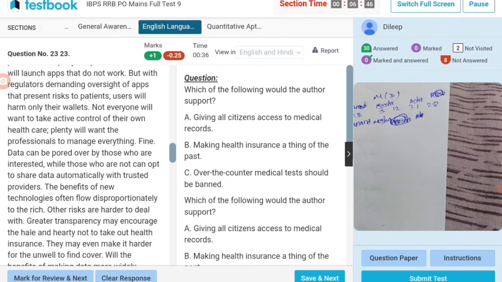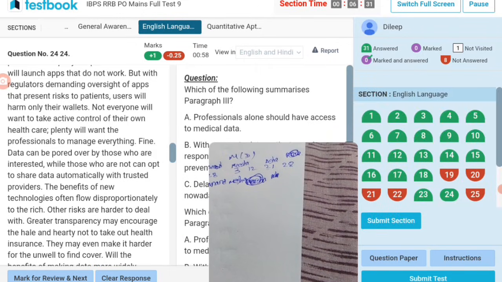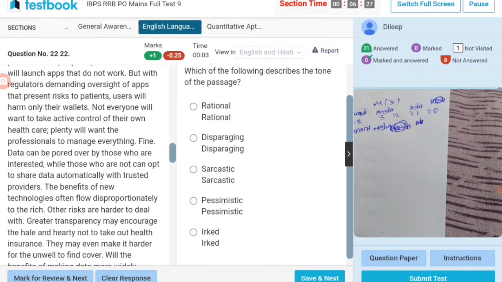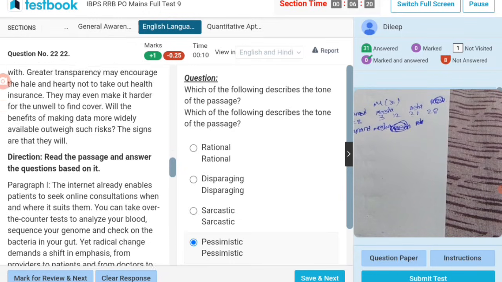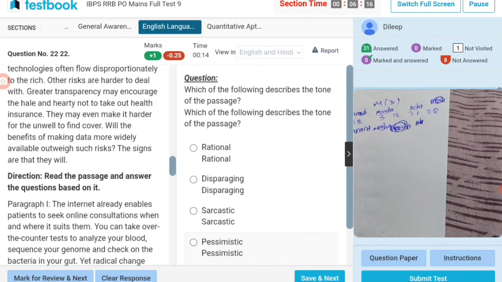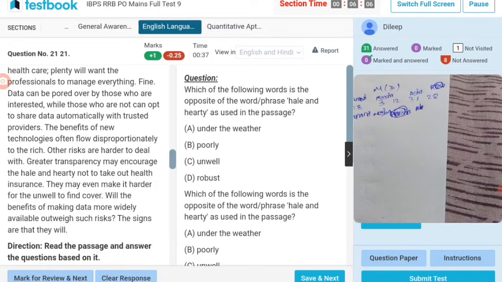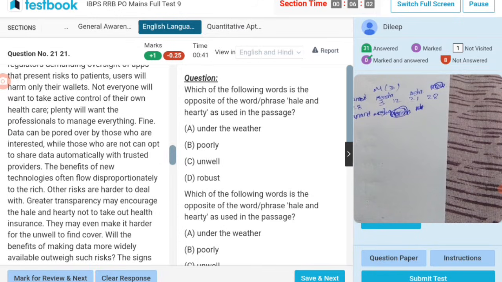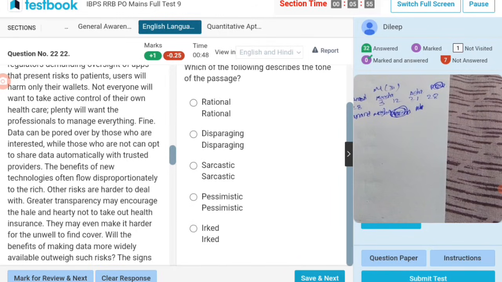Find data, trusted. Hale and hearty. So only A, B, C. Next.